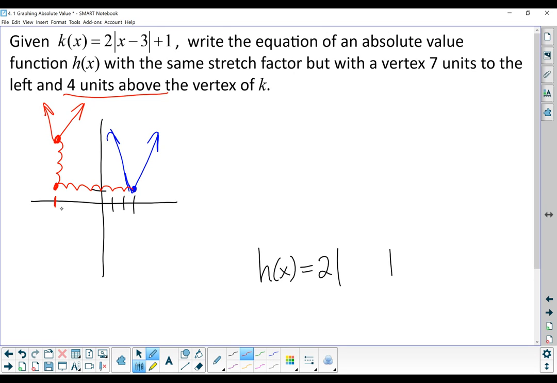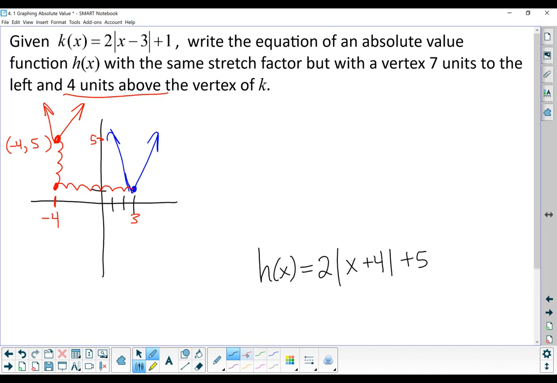So here's where it ends up, over here. If we moved it 7 back and it started at 3, this is -4 in the x direction, and it was up 1 high and we added 4 more, so this is a height of 5. So our vertex is now at -4, 5. So you could immediately put that into the function: x plus 4, and then plus 5.